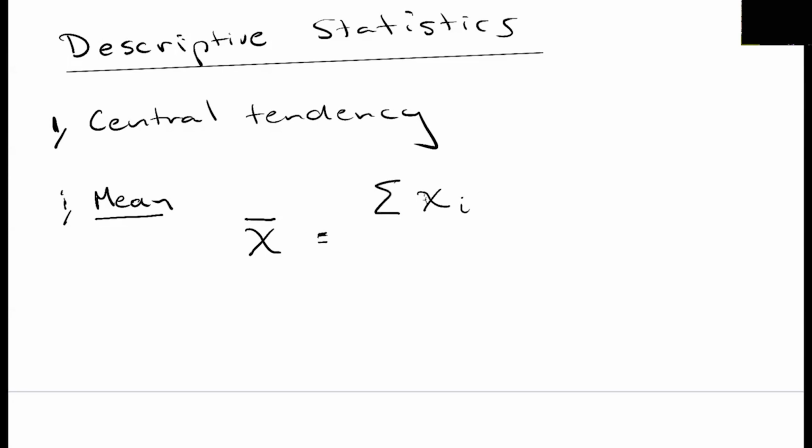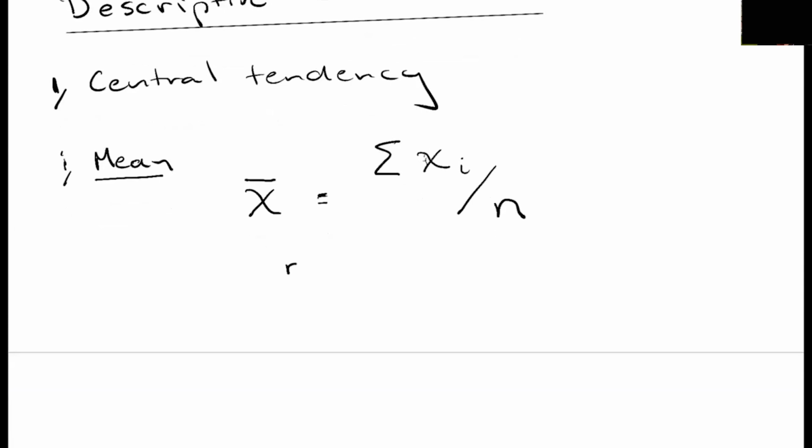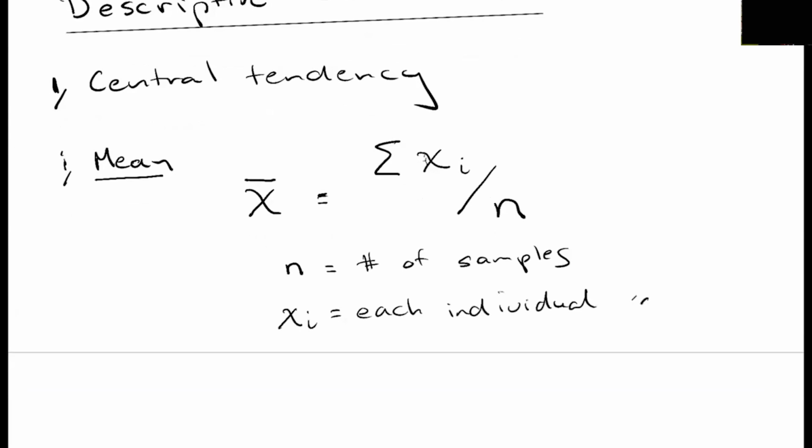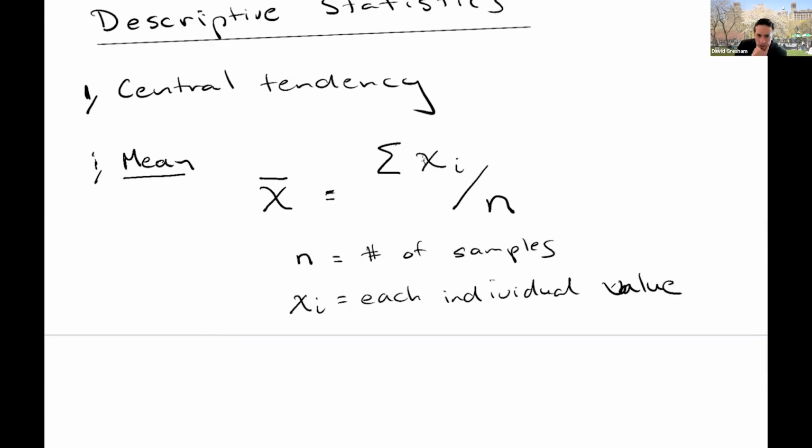And then we're going to divide that by the total number n. Here we'll define n as the number of samples we have, and xi is each individual value.